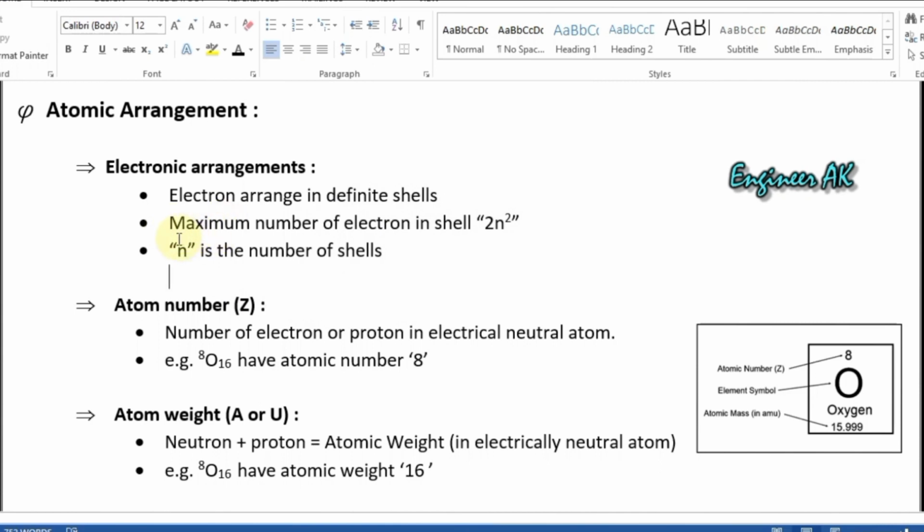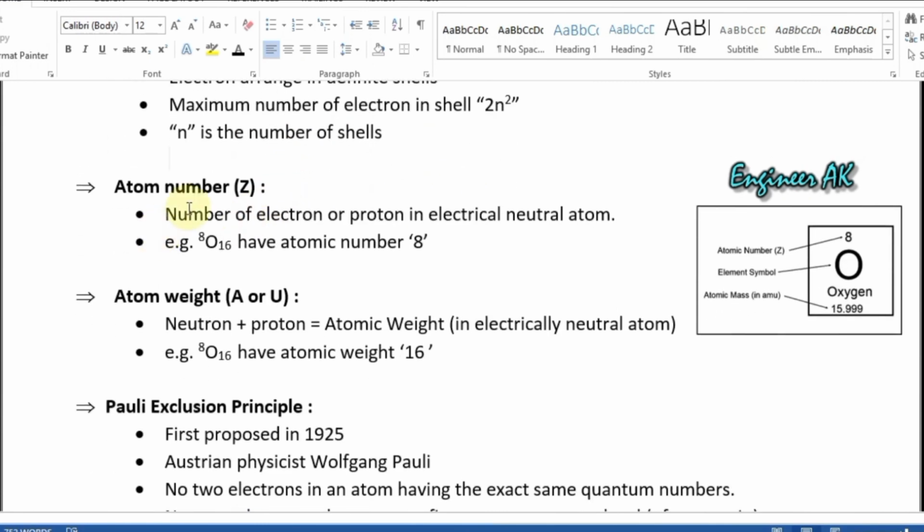We know from our high school concepts that the maximum number of electrons in a shell is 2n², where n is the number of the shell. The second term is atomic number, represented by Z, and it is the number of electrons or protons in an electrically neutral atom.